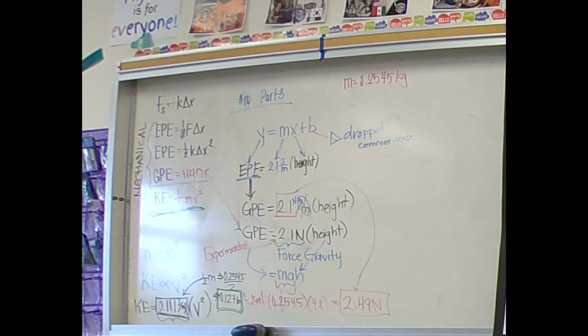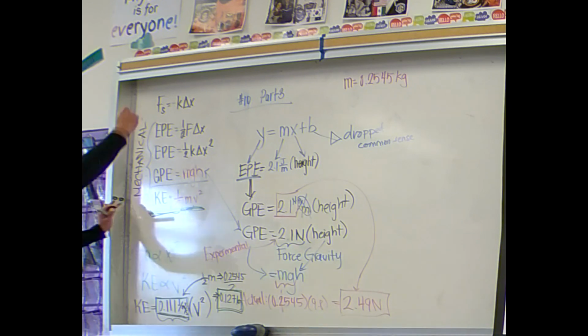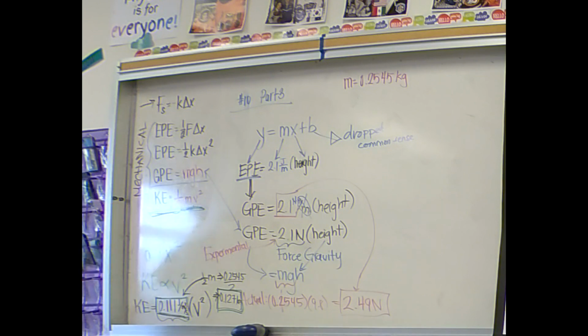And that's what you're going to be doing, calculating those energy values. This is a value for spring force, but your focus for homework tonight is just calculating energy. And the hardest part about the homework, 5-4B, is converting. So be careful when you do your problems that you convert your grams to kilograms and your centimeters to meters.